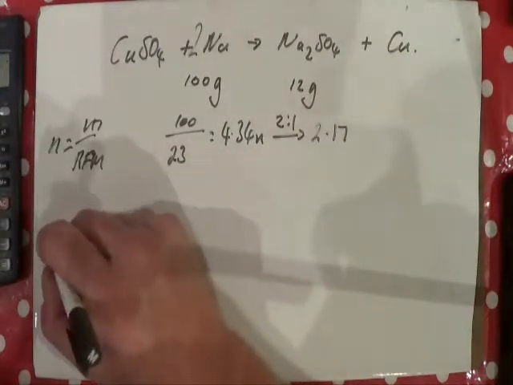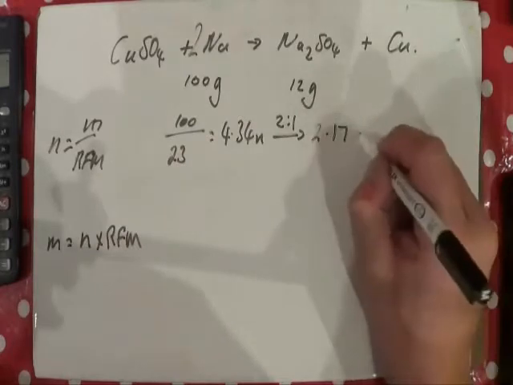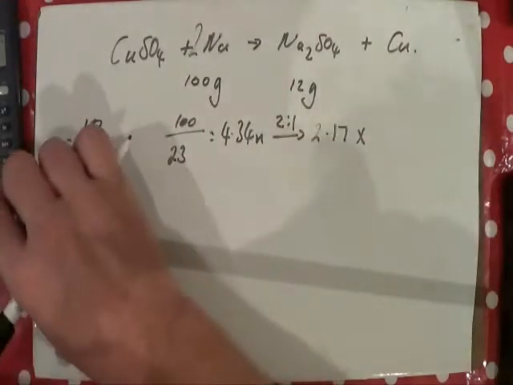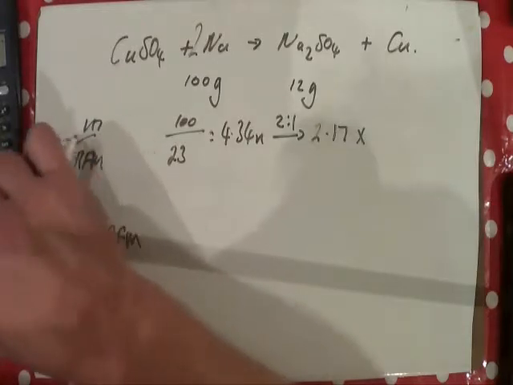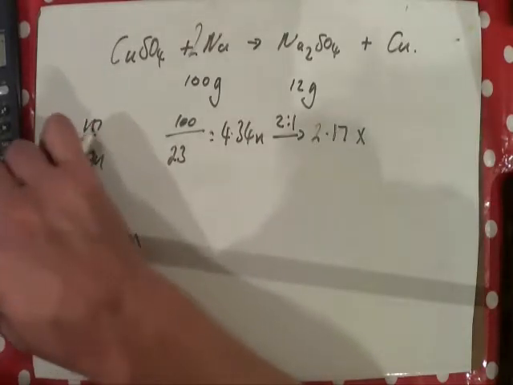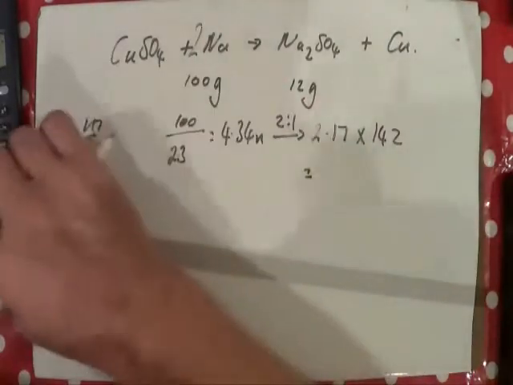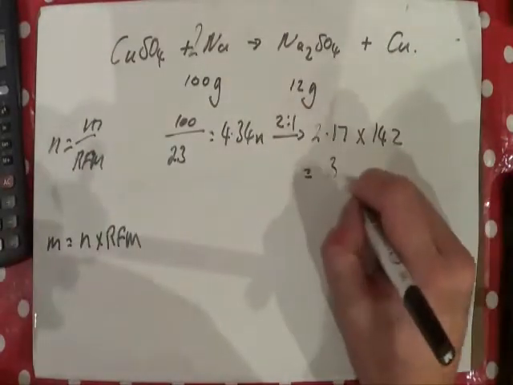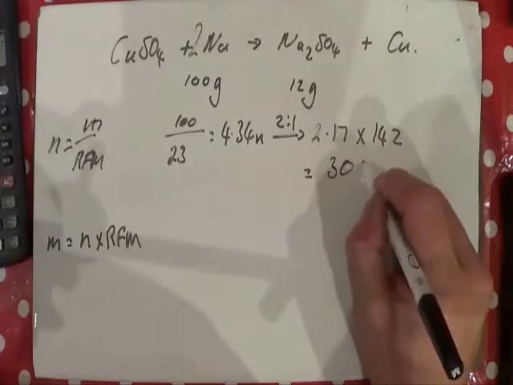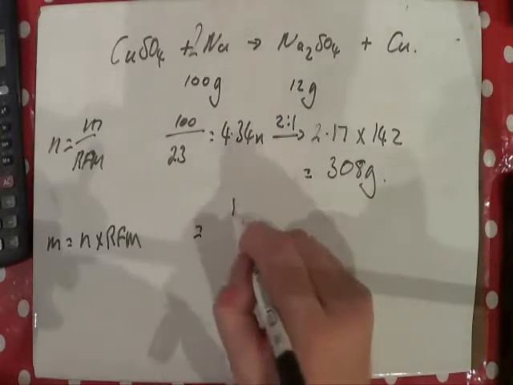Remember, if we rearrange, mass equals moles multiplied by RFM. So multiplied by the RFM of that, which is 142, it means that I should have made 308 grams. This is going to be a really small percentage yield.